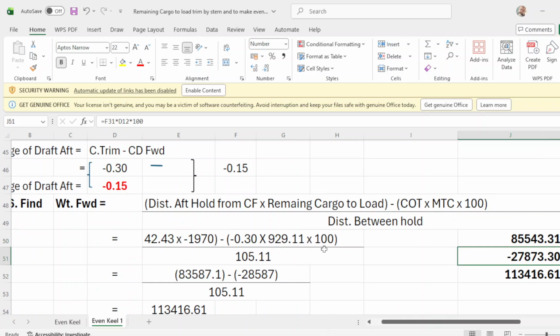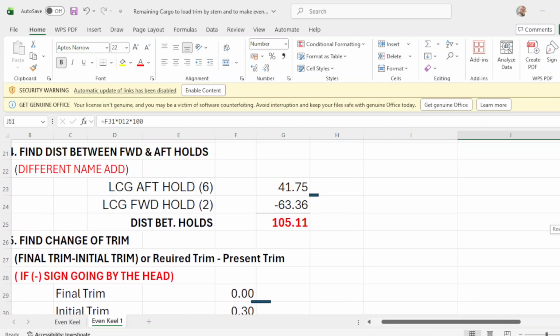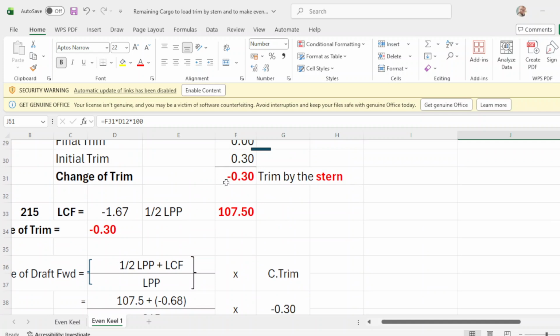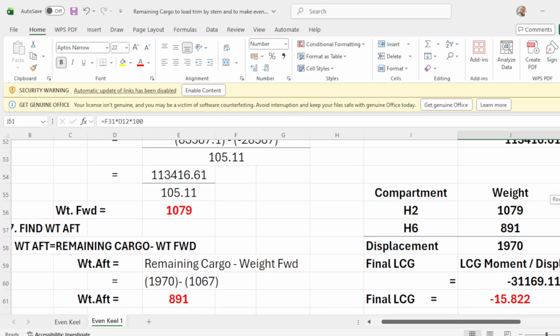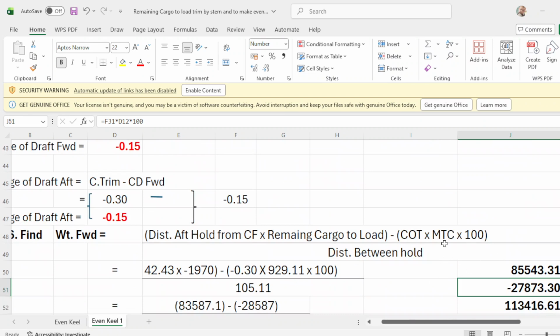Then we go to this one. This should be change of trim, which will be F31. F31, change of trim, okay? Times your MTC.